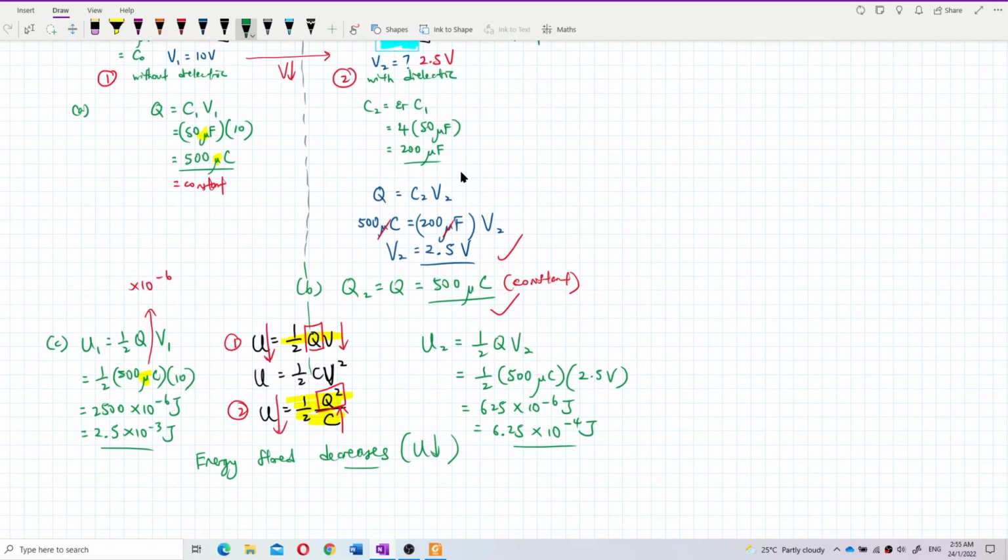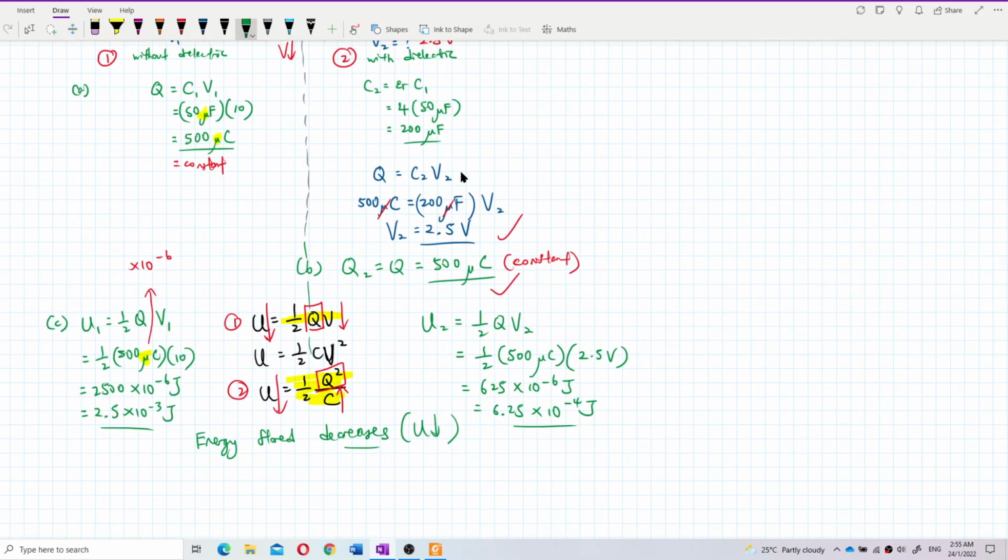So which one is higher? Of course, the one with less negative exponent. So this one is higher, U1. So I can put U1 is higher than U2. You can write the value 2.5 exponent negative 3 joule is higher than U2, 6.25 exponent negative 4 joule.